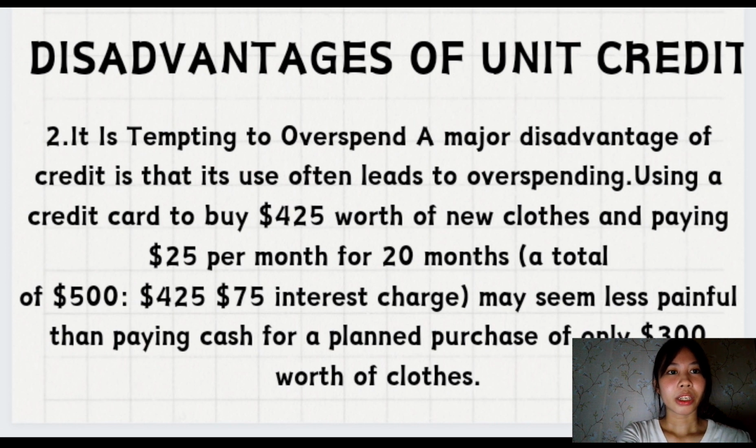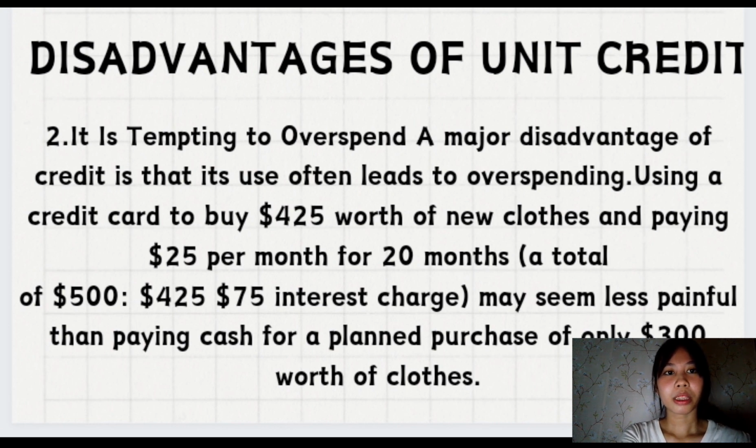Using a credit card to buy $425 worth of new clothes and paying $25 per month for 20 months, a total of $500, $425 and a $75 interest charge may seem less painful than paying cash for a planned purchase of $300 worth of clothes.